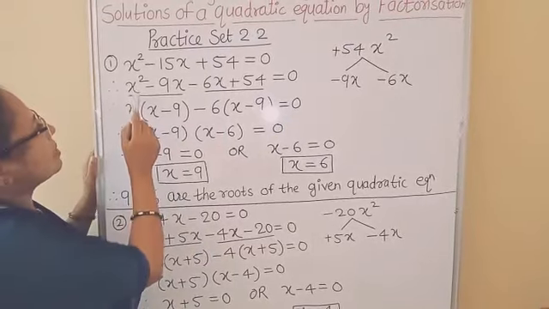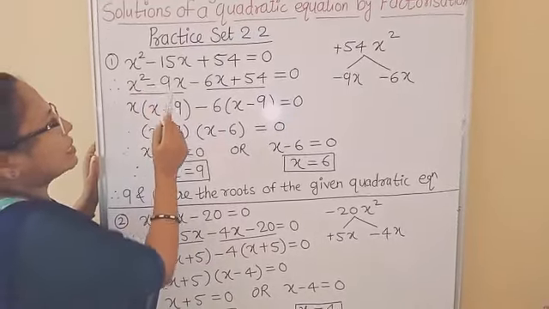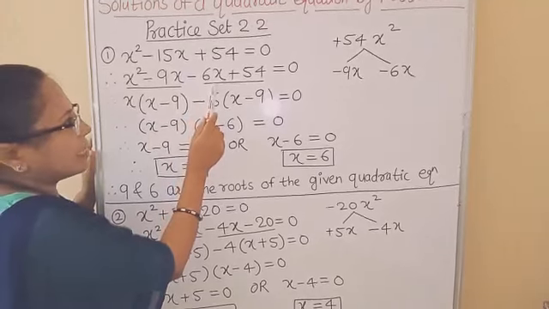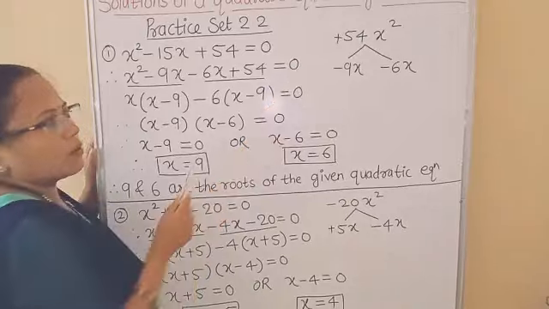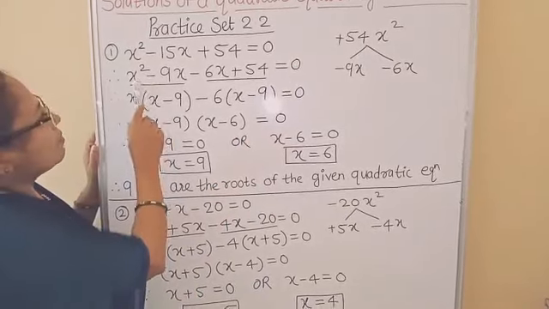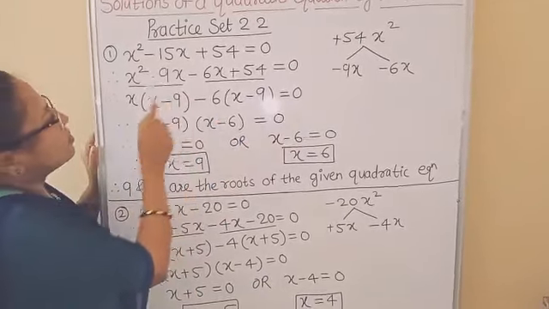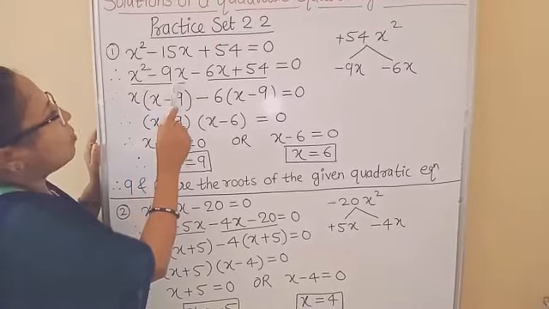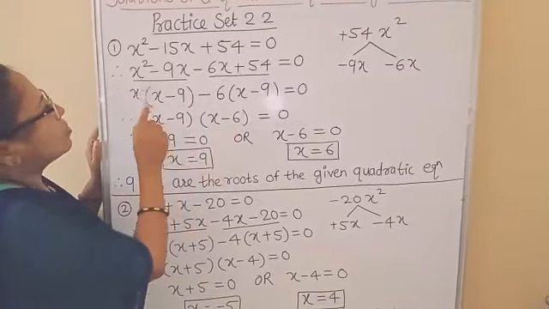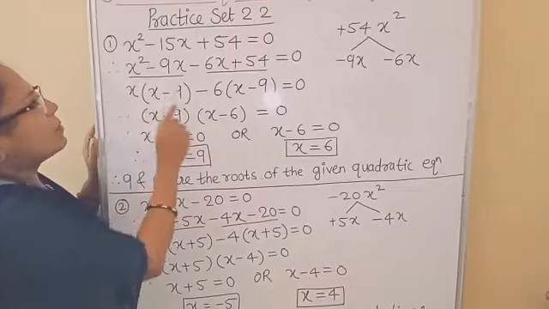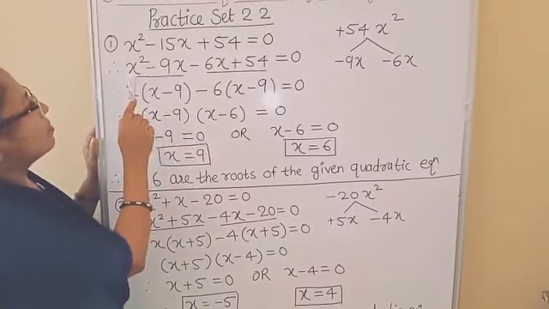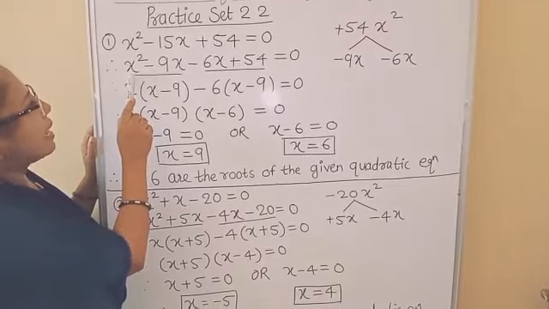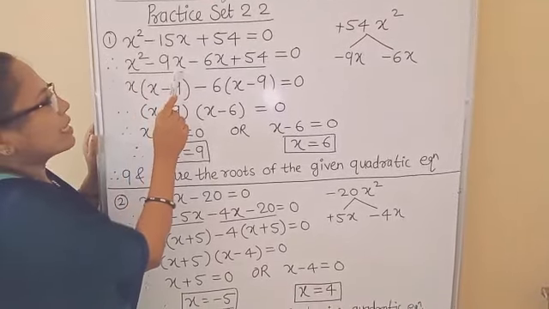So our step is x square minus 9x minus 6x plus 54 equal to 0. Now here we got 4 terms, so we will make groups of 2 terms so that we get binomials. And now we will factorize these binomials. The first binomial is x square minus 9x.